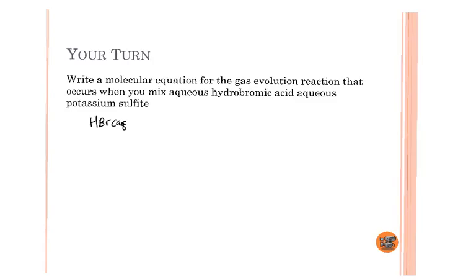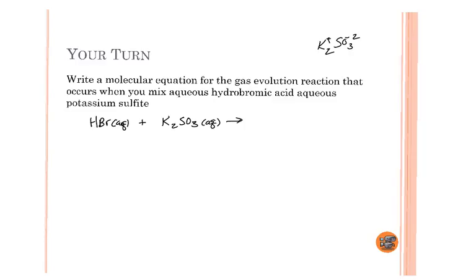So potassium has always got a +1 charge, so it means we need 2 potassiums for every 1 sulfite. This is also aqueous. Now we're going to do what? The double displacement reaction, or the swap. The outside ones go together and the inside ones go together.